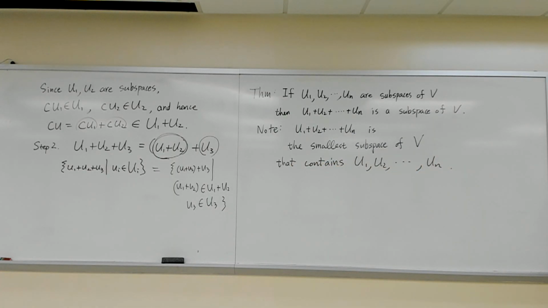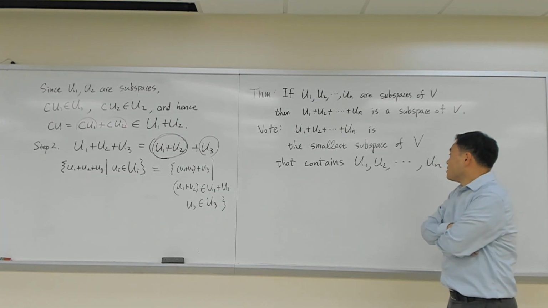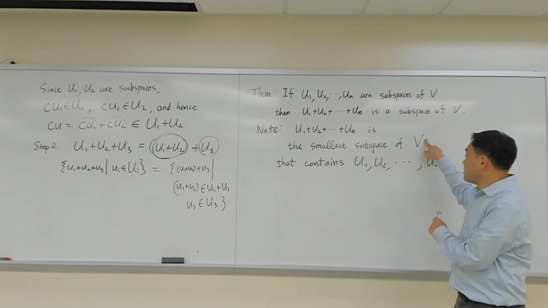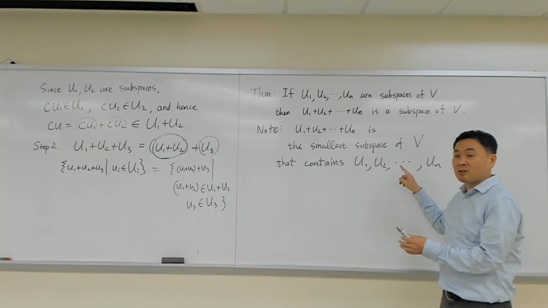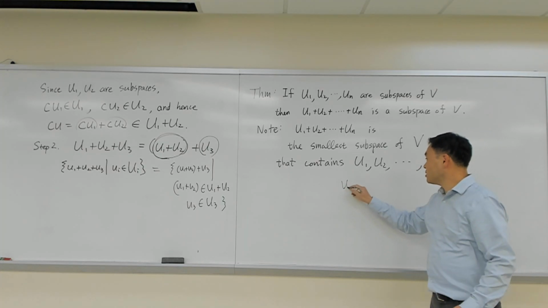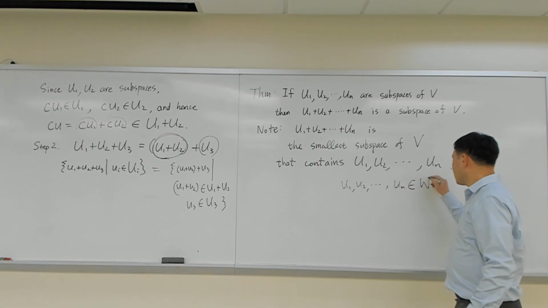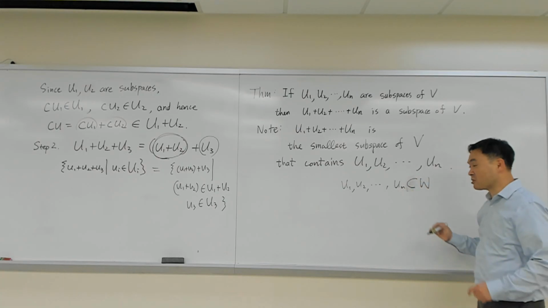And what's the argument? Well, if you have any subspace W of V that contains all of these, then because it's a subspace, if not subset. This is a subset, whatever it was an element.